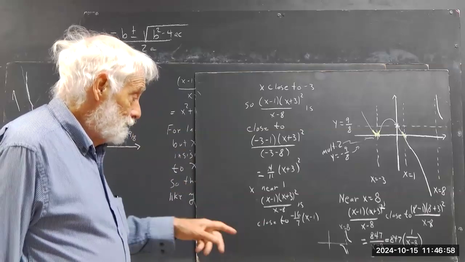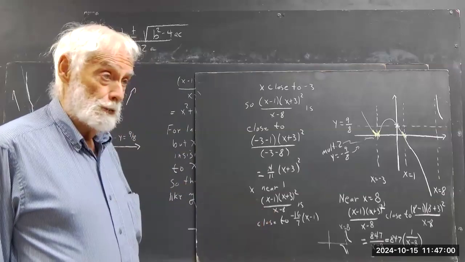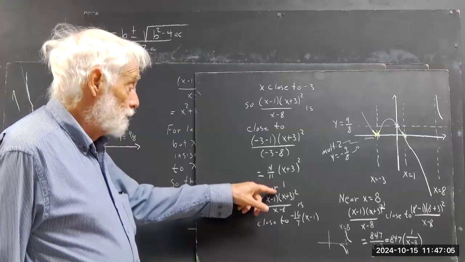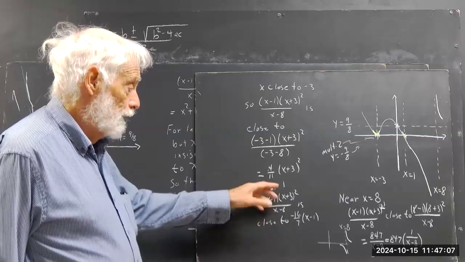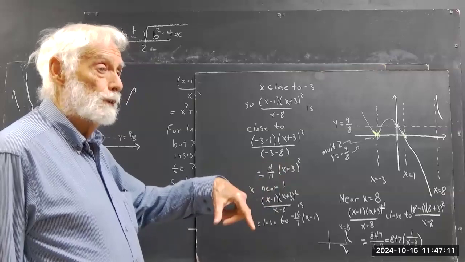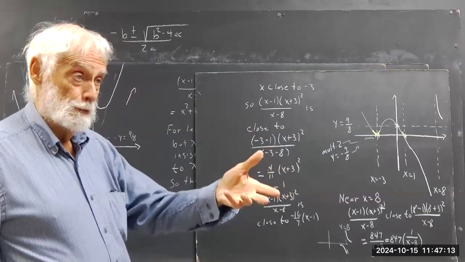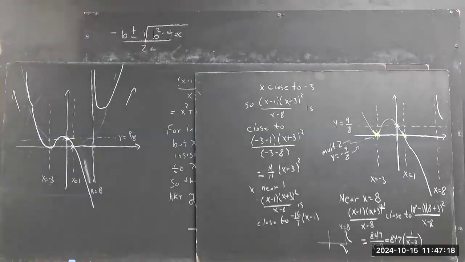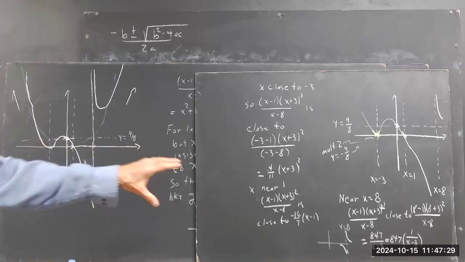In that case, 8 would not be in the domain of the function because you can't have 0 in the denominator. But since there's an x minus 8 up here, you can divide this into that, and this one goes away. So does that one. Okay. Call that a removable singularity. You've seen that, haven't you? Okay. So I'm not going to do an example of that. I want to give you the overview as best I can without getting mixed up in all the little rules, but the little rules just come right out of these ideas.